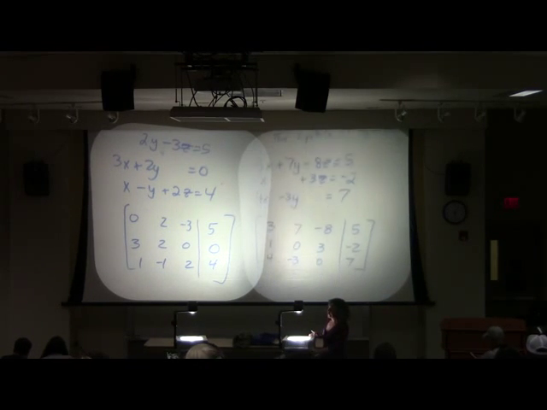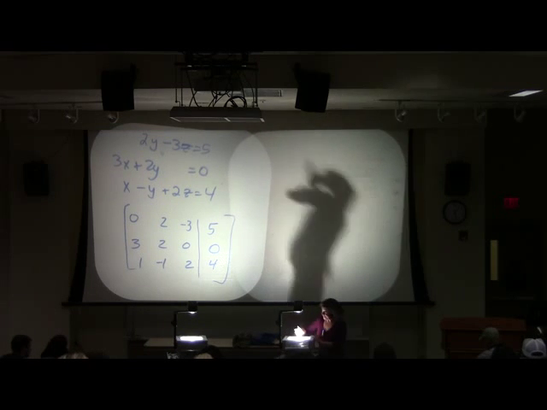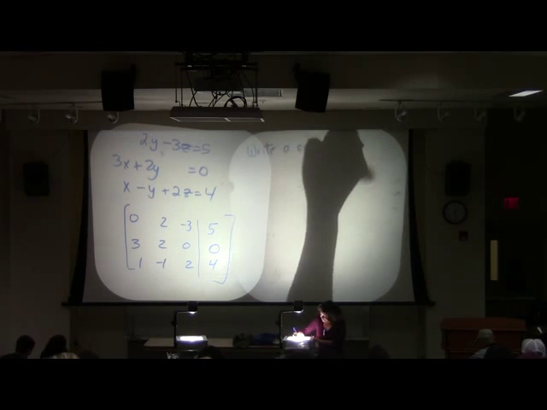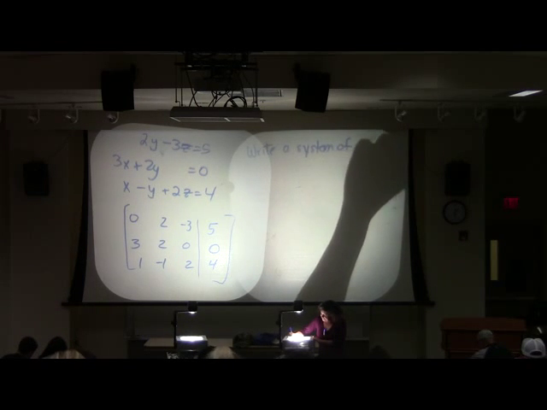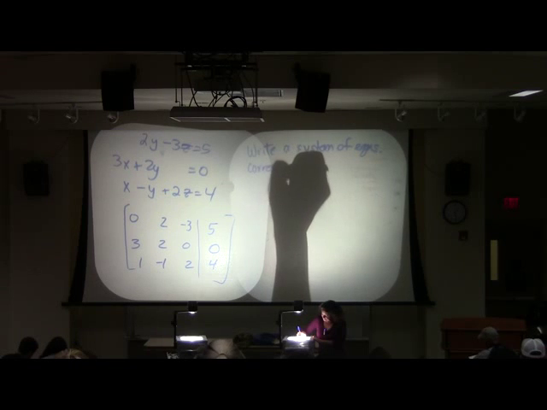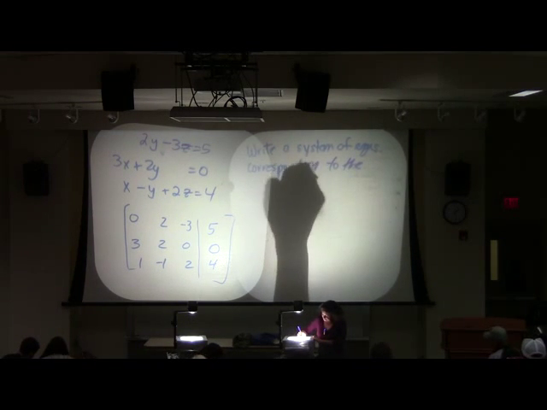Okay, now what we're going to do is go the other way. I promise you my second example is cuter than my first example. But now what I want us to do is write a system of equations corresponding to the given matrix.